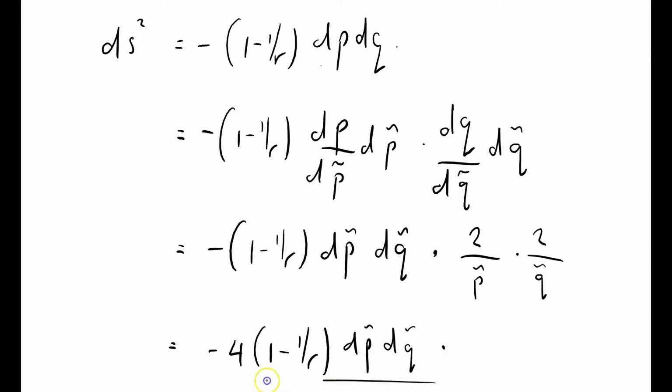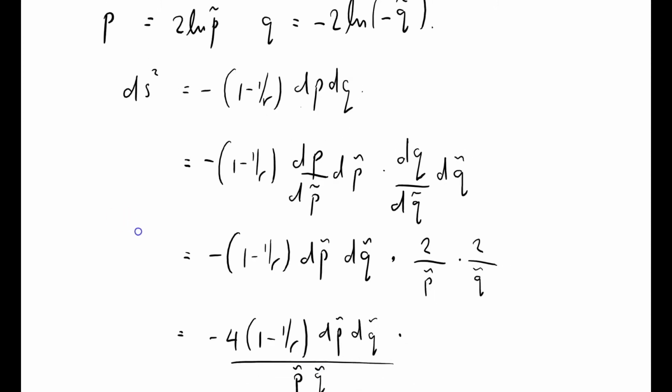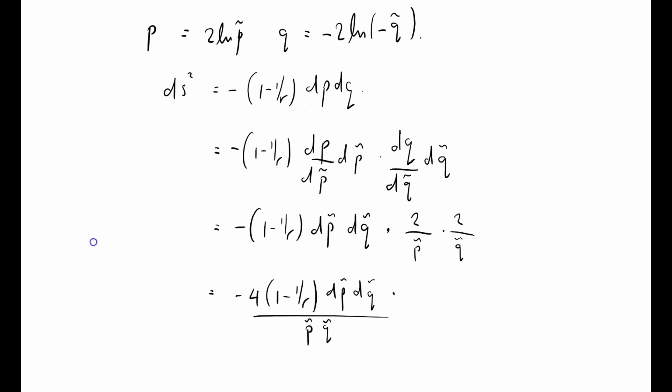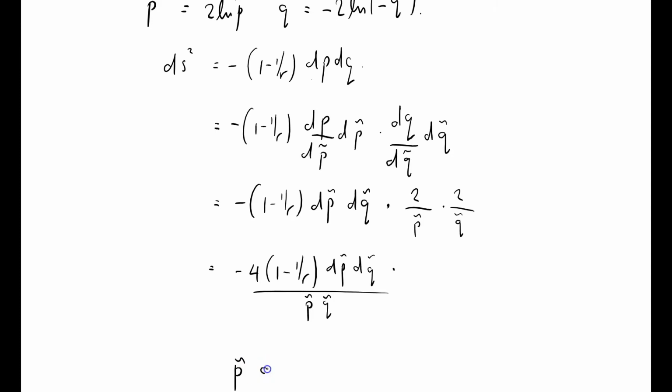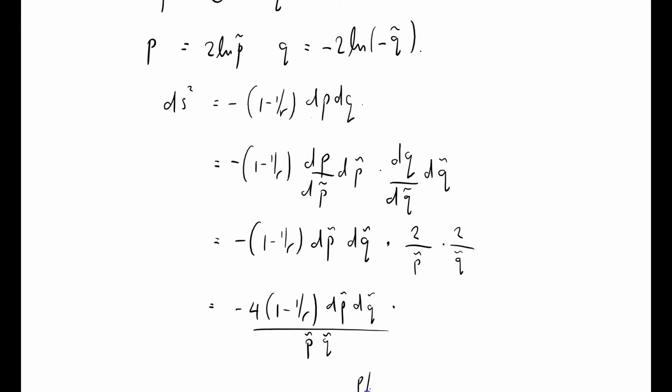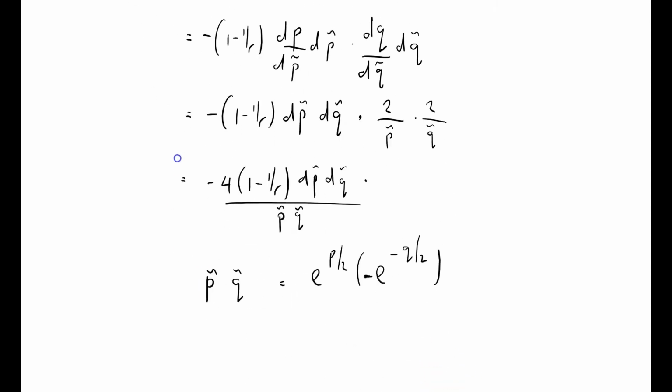So we've got minus 1 over r times dp tilde dq tilde times 4 over p tilde q tilde, which I can work out using these expressions here. So we need to work out what p tilde q tilde is. Well, it's e to the p over 2 times minus e to the minus q over 2, which equals minus e to the half p minus q.